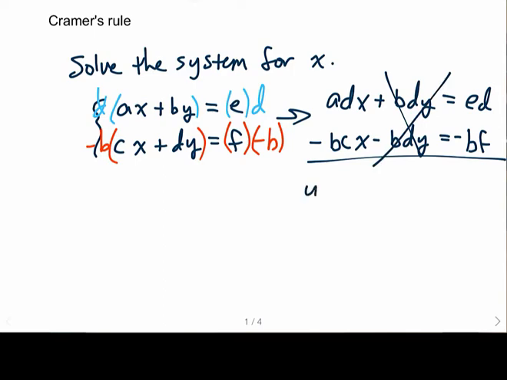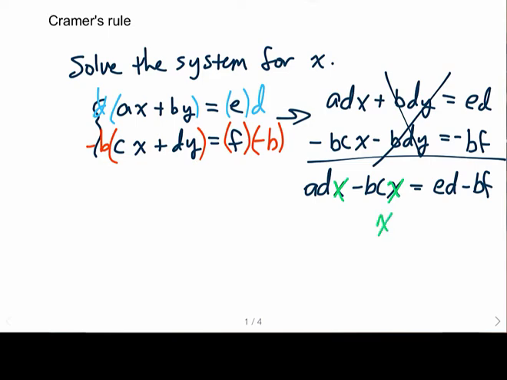And I have adx minus bcx is equal to ed minus bf. I know this is really weird, but just roll with it for now. I'm trying to solve for x, and I notice that I have x in two terms on the left-hand side.